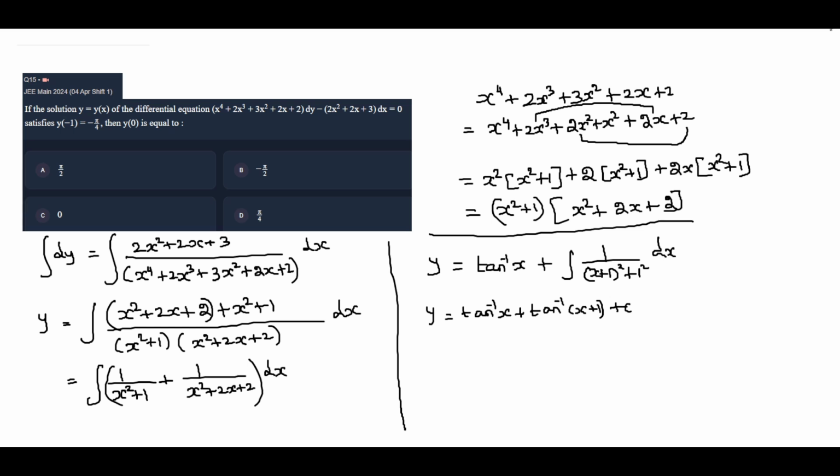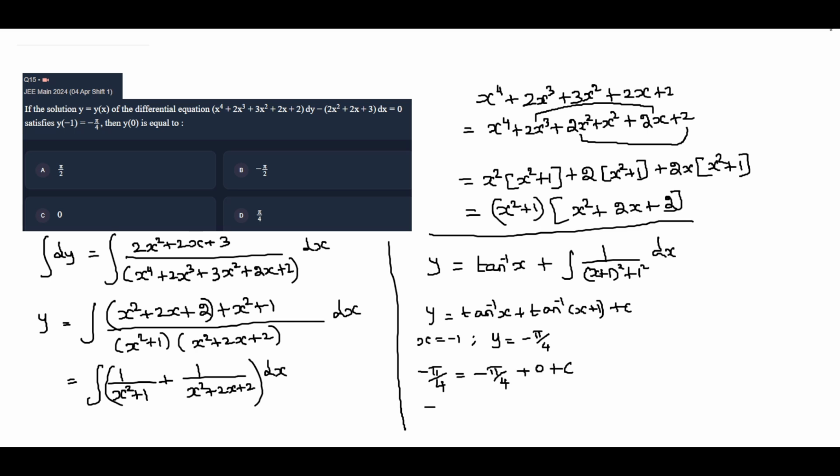plus c. Now the given condition is x equals minus 1 and y equals minus pi by 4. Using this, minus pi by 4 equals, sorry, x equals minus 1, so you get minus pi by 4, and the second term will be 0, plus c.